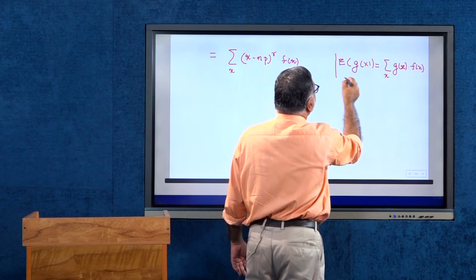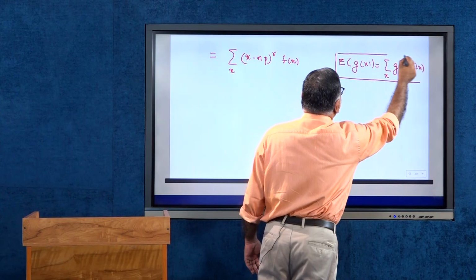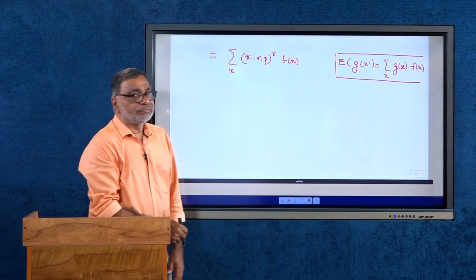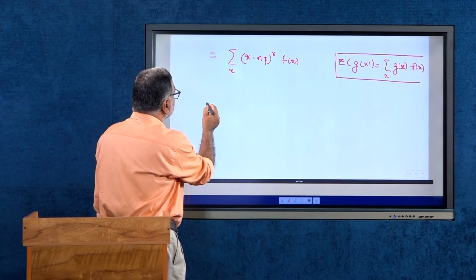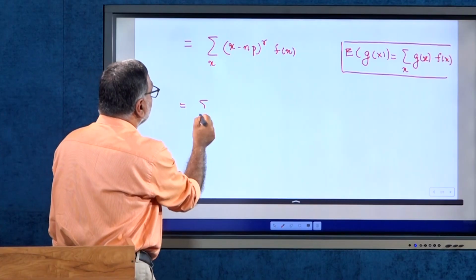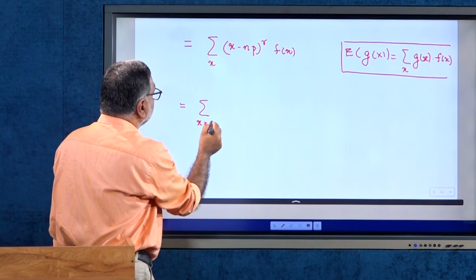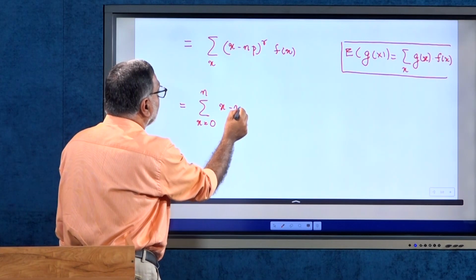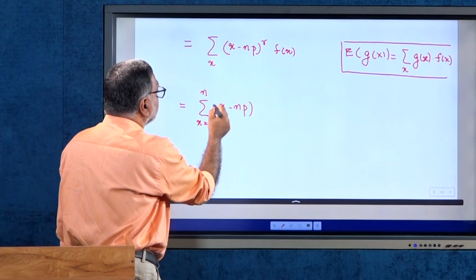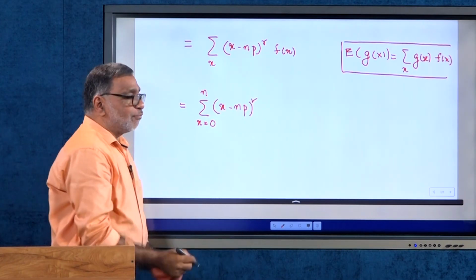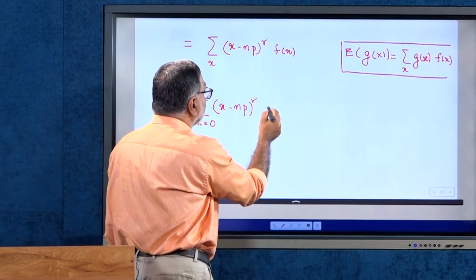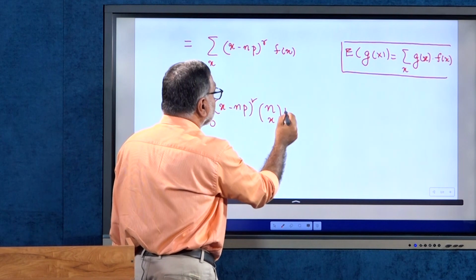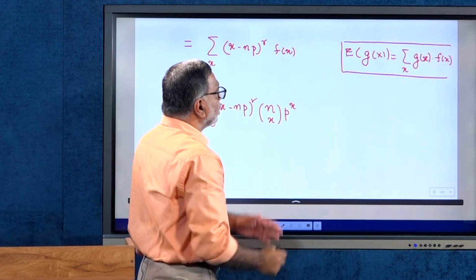This is the formula we are using here to get the value of mu r, and that is sigma over x is equal to 0 to n, x minus np power r, f of x. f of x is our binomial probability mass function, that is nCx p power x q power n minus x.